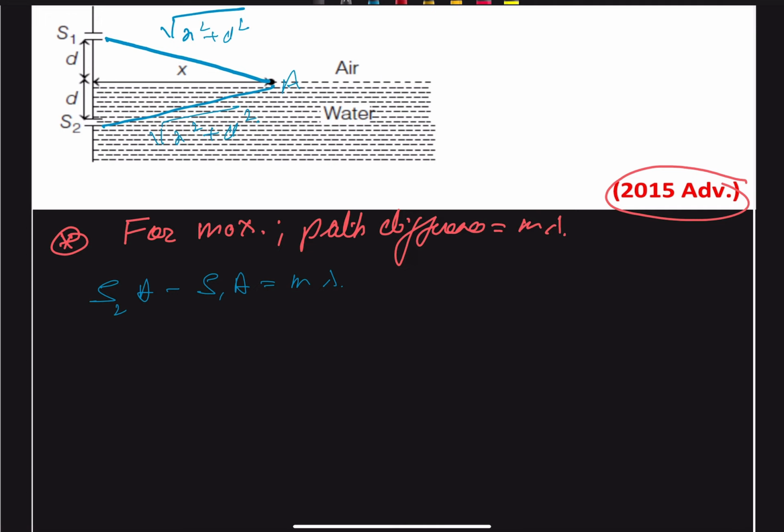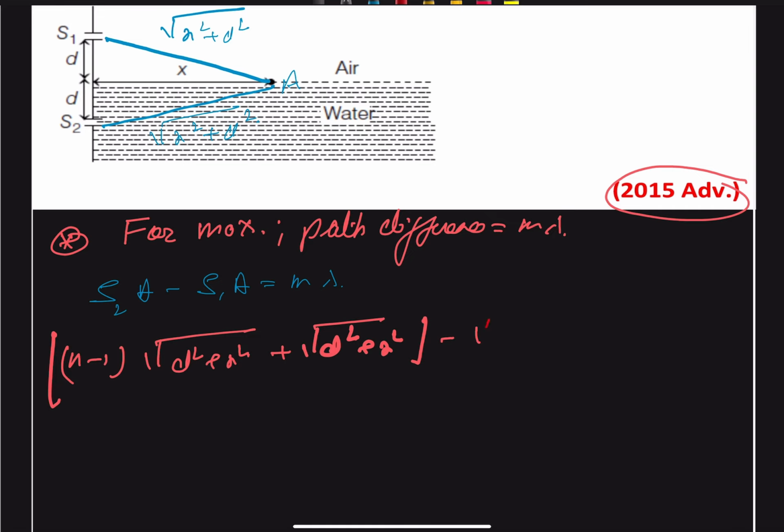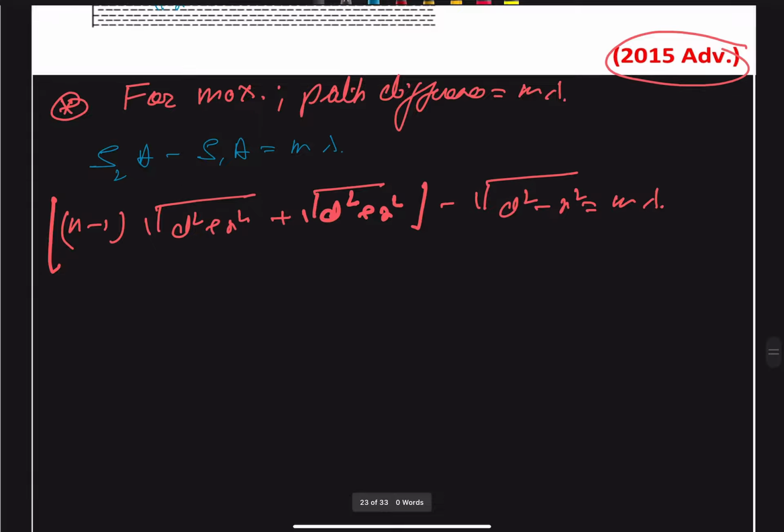So therefore we can write it as n minus 1 times square root of d square plus x square, and this comes as plus square root of d square plus x square minus square root of d square plus x square is equal to m times lambda. And this is quite easy to solve now.